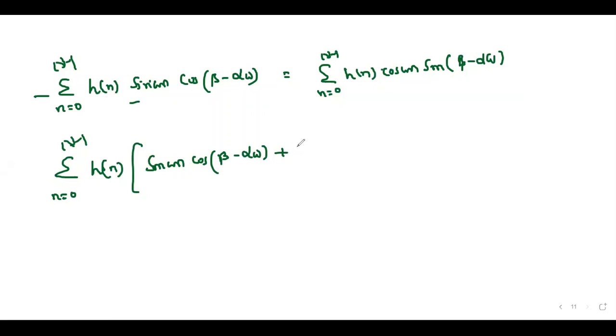So it is cos omega n into sin of beta minus alpha omega is equal to 0.